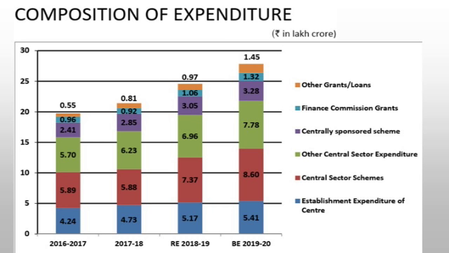Then the next one is central establishment expenditure. Then the next important one is centrally sponsored schemes. Then finance commission grants, so other grants. So these are the pictorial representation of what we have already discussed previously.